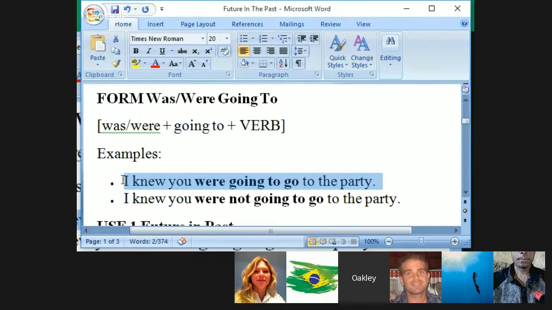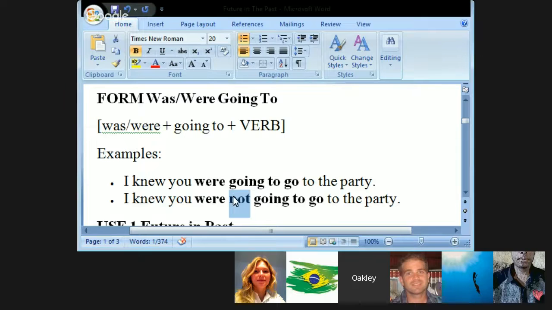I knew you were going to go to the party. I knew you were not going to go to the party. Same idea. The first auxiliary is always pivotal. Okay, even in other verb tenses where you have multiple or more than one auxiliary, not will always follow the first auxiliary.